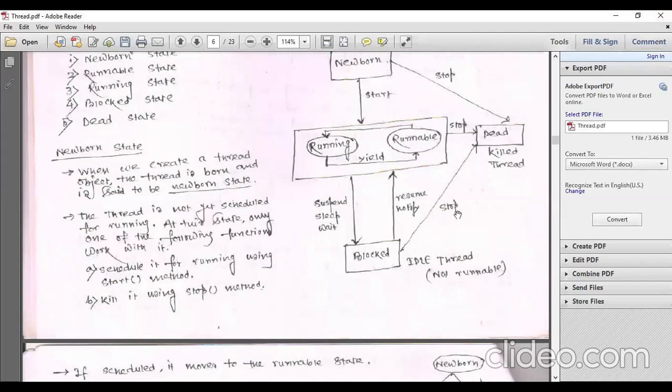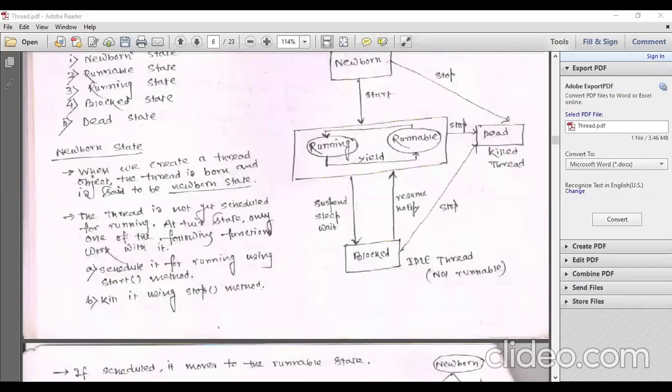Now, another state is the block state. That means the thread is not in runnable or running state. It is in block state.